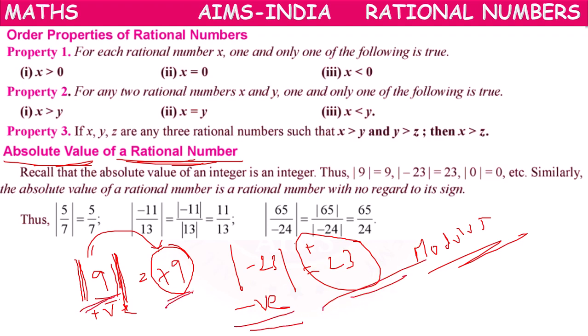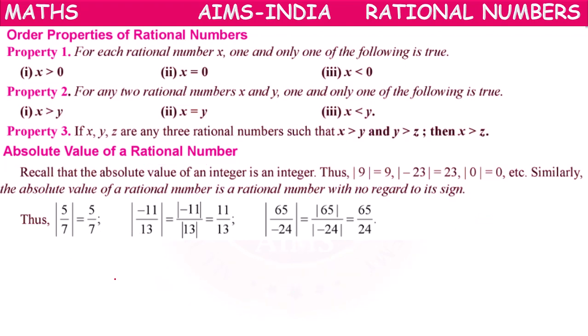Similarly, for rational numbers, the absolute value is always a positive rational number, with no regard to its sign.